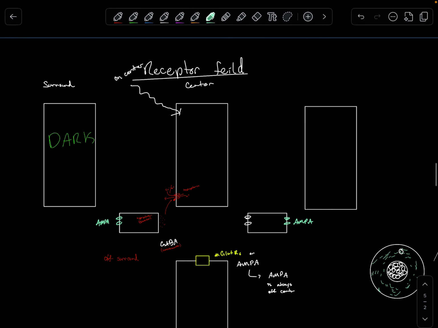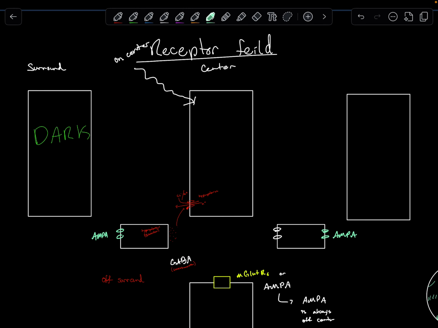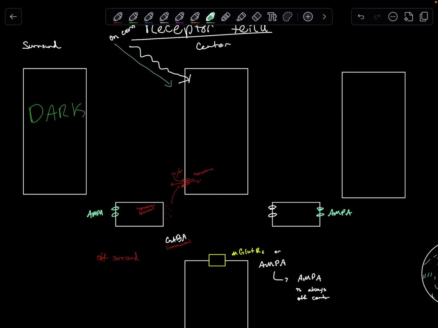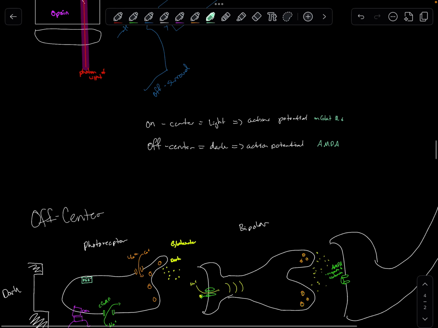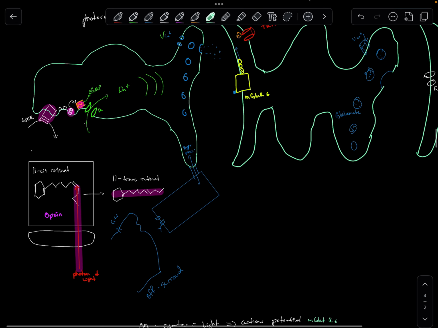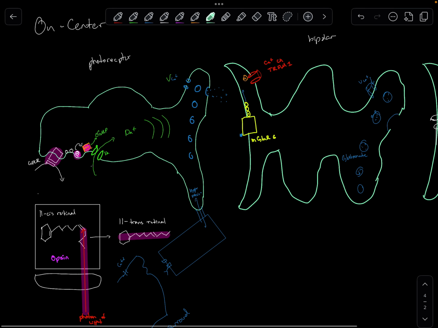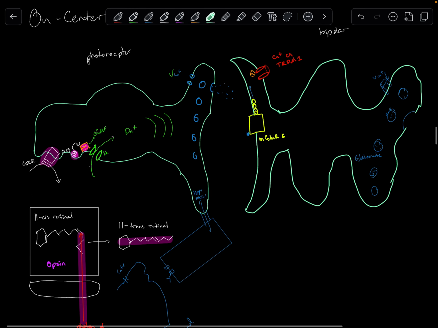So we're just going to take a look here. Remember, we have an on-center receptor. On-center is going to, it won't release glutamate, right? It's not going to release glutamate. And we'll get to the synaptic cleft. Sorry. Maybe I'll use this image, maybe a little bit better. Yeah, okay. That's a little bit better.